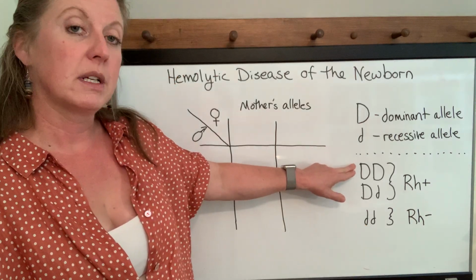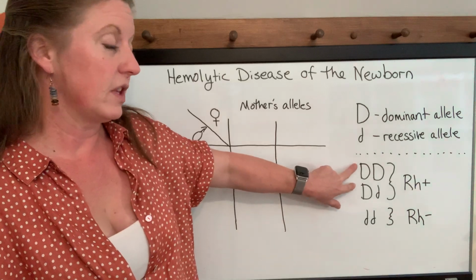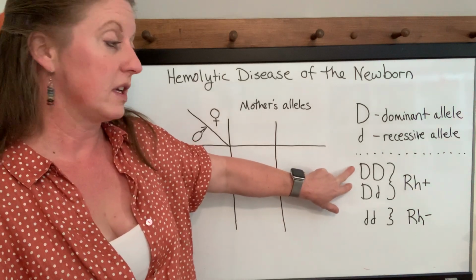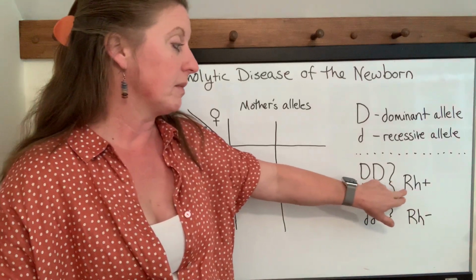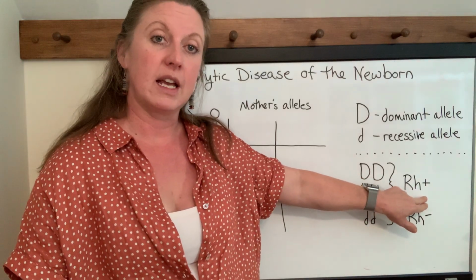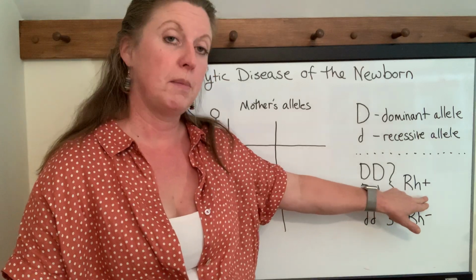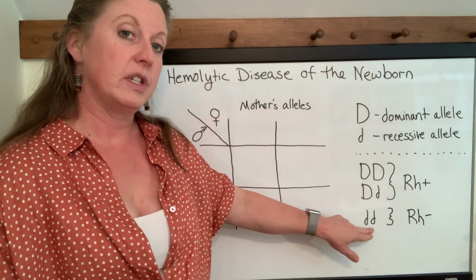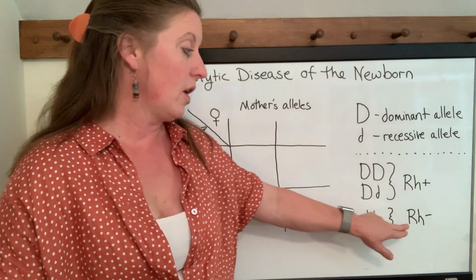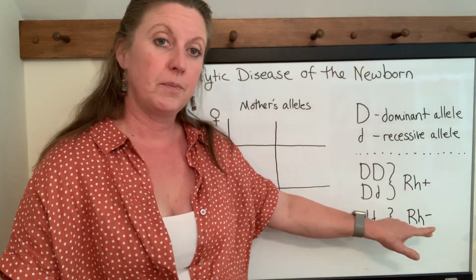Now, because the big D is dominant, both of these genotypes, or both of these gene combinations, give this person the D antigen, or they are Rh positive. Only someone who has two little d's, two recessive alleles, will be Rh negative.